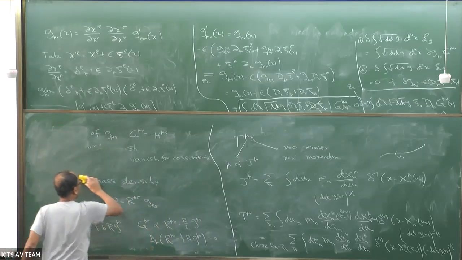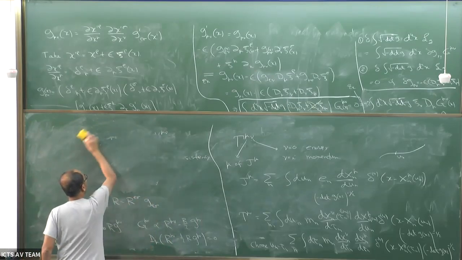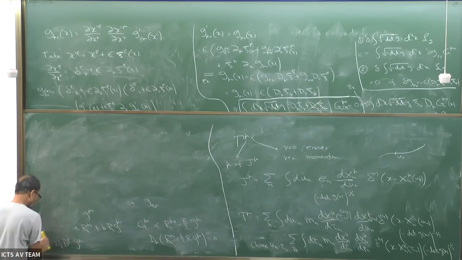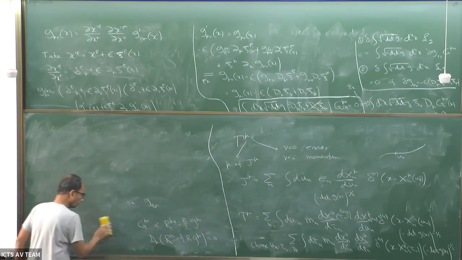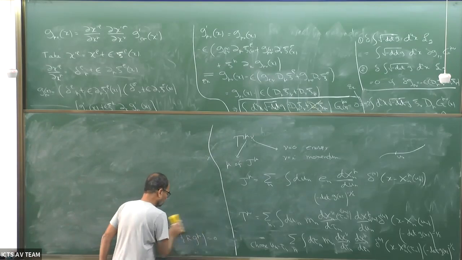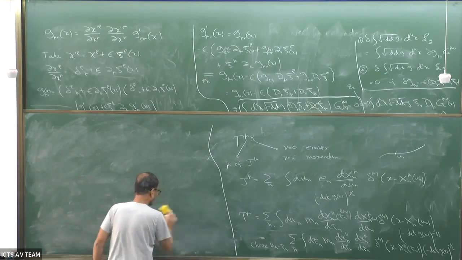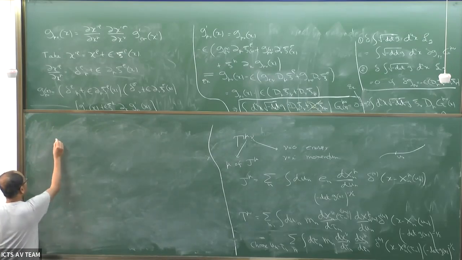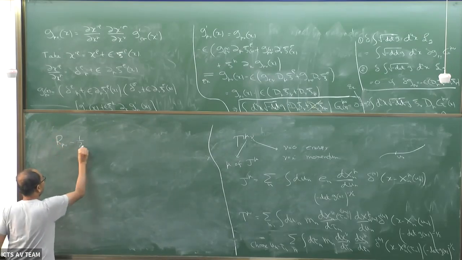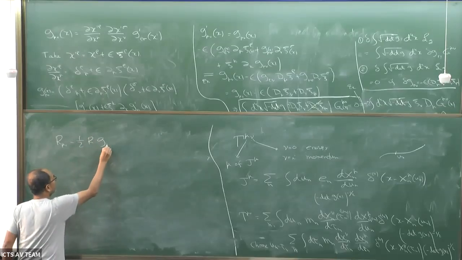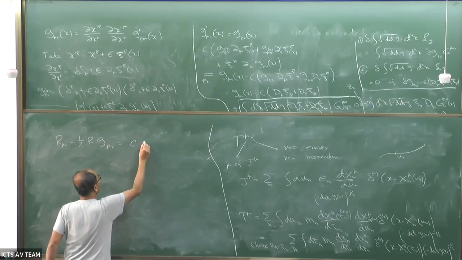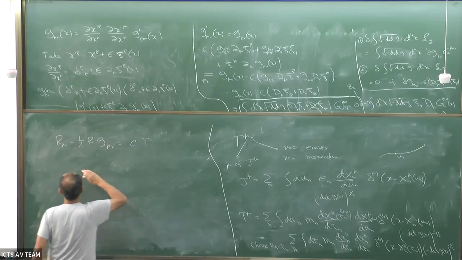So let me now write down the final equation. R^mu nu minus half R g^mu nu is equal to some constant times T^mu nu.